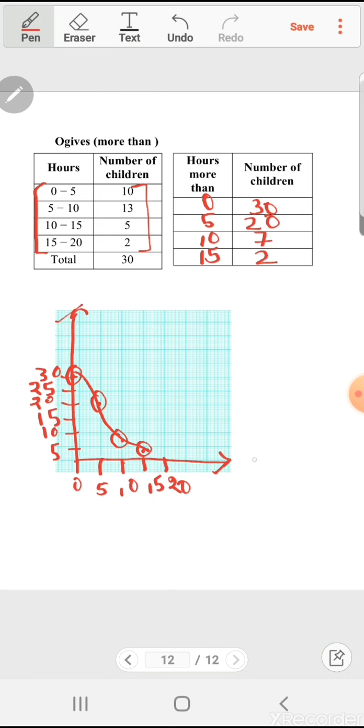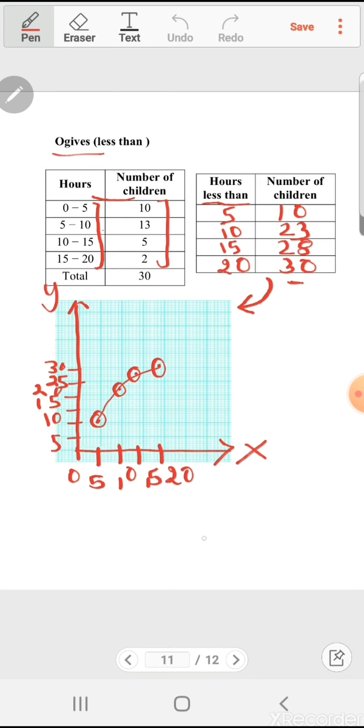Just notice that a more than frequency curve comes from top to bottom, and a less than frequency curve goes from bottom to top.